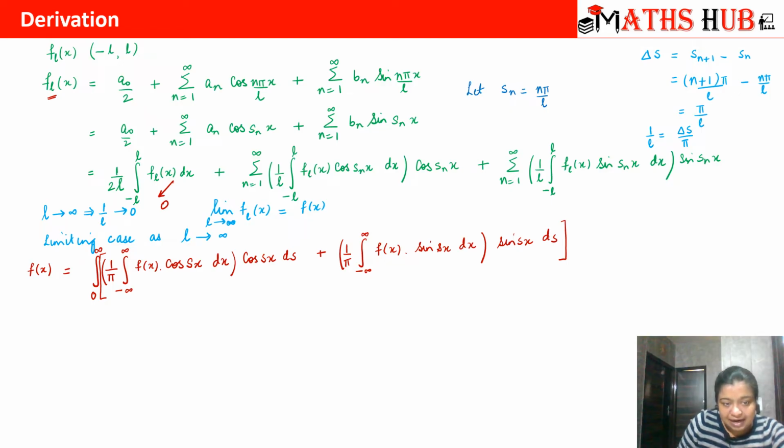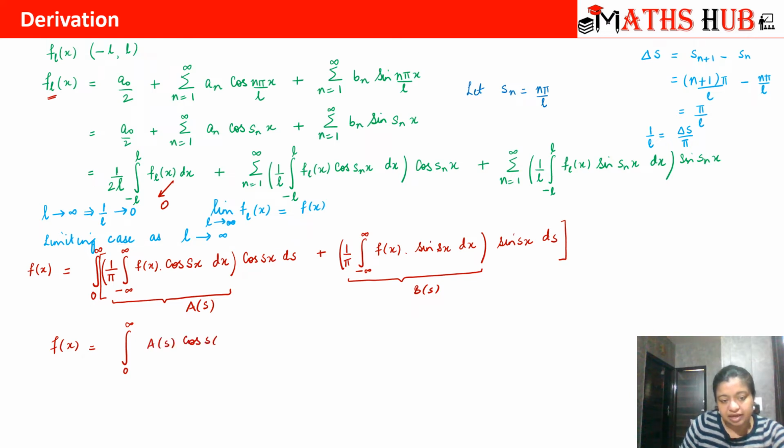So now let us rename these two inner integrals as A(s) and B(s), right? So I can write f(x) is the integral from 0 to infinity of A(s) cos Sx ds plus B(s) into sine Sx ds, right?